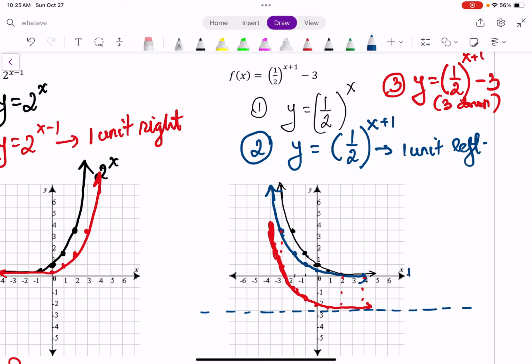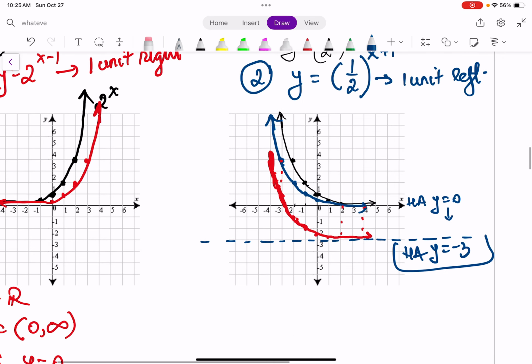It's just that our horizontal asymptote that was y equals 0 now moved down 3 units to y equals negative 3. So this is our new horizontal asymptote, and that's why it's important to graph these functions using transformations so you don't just all of a sudden start crossing over your horizontal asymptote. You still have to keep the graph above or below a certain line. And that's important.